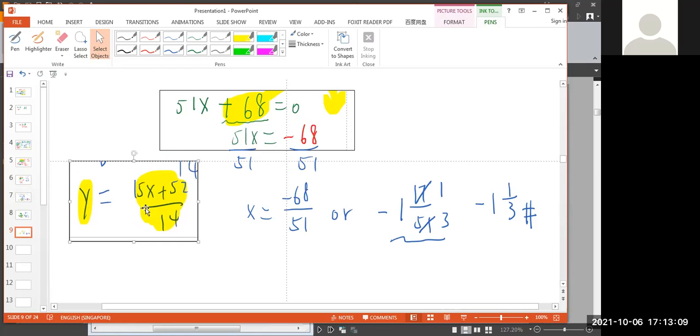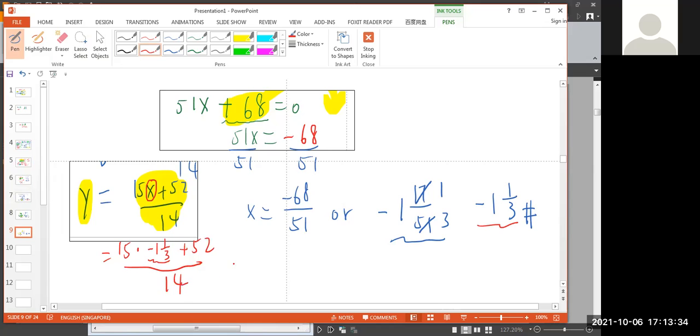So y is equal to this. My x is already found, so I just sub in my x, which is minus 1 and 1/3. The x here times the 15, I replace it with the minus 1 and 1/3, then plus 52, and then over 14.